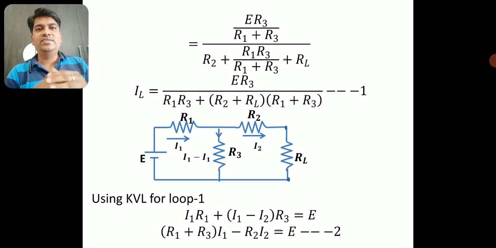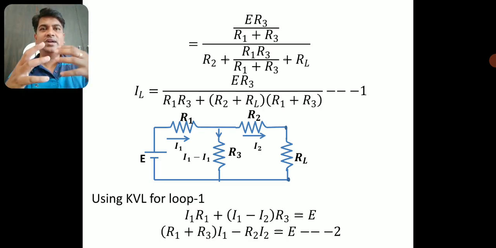After getting equation 1, let us do the second step in this proof. In the second step I have taken the complicated circuit, with all three circuit elements R1, R2 and R3, which is connected with the load resistance.